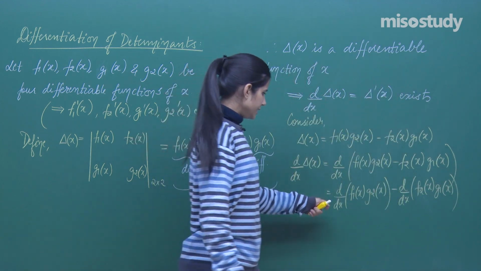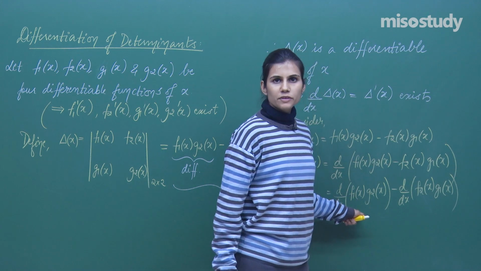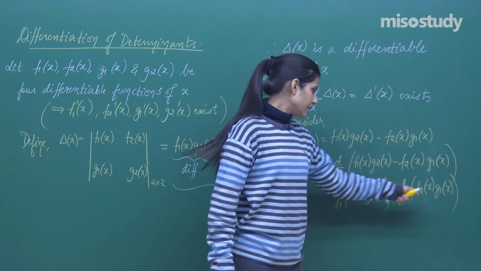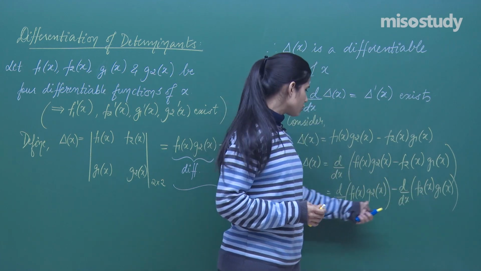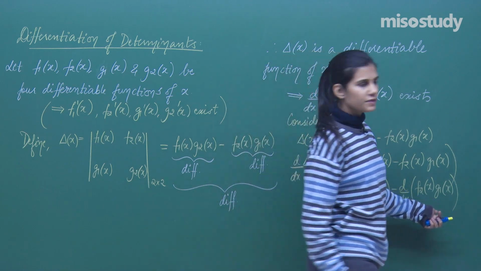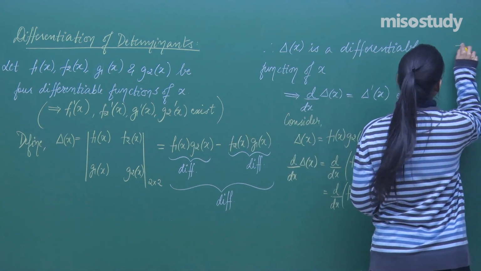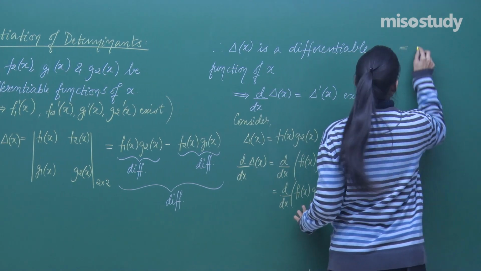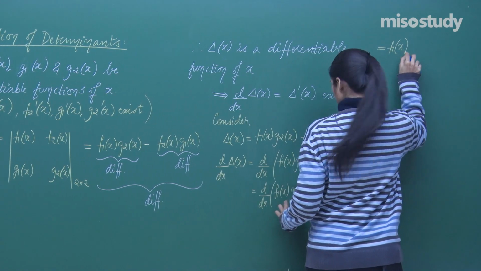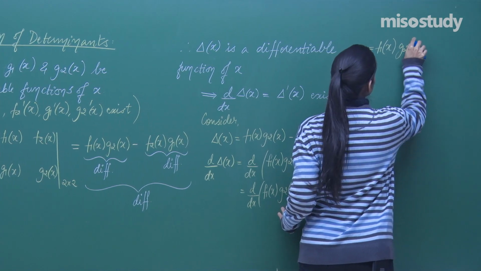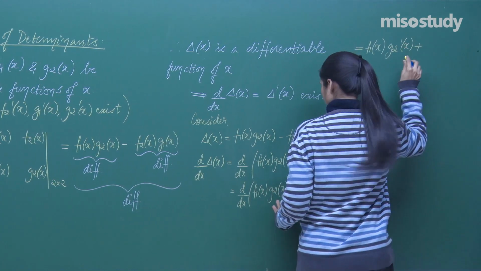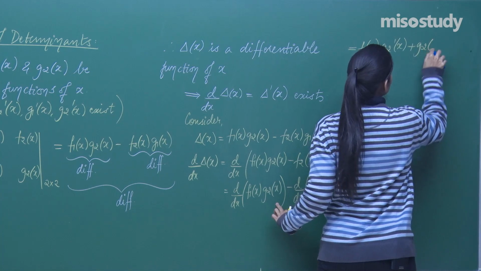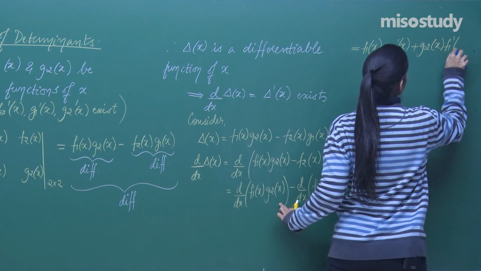Clear? Differentiation of the product of two differentiable functions. Product rule, here also product rule, because individually these two functions are differentiable and these two functions are differentiable. So you have it equal to first function into differentiation of second plus second function into differentiation of first.